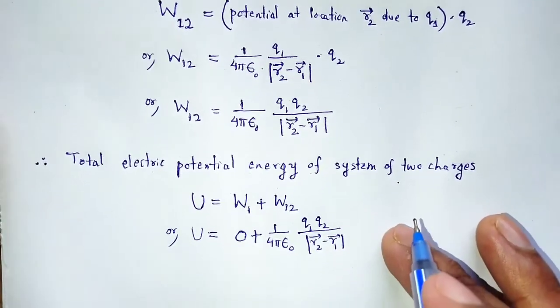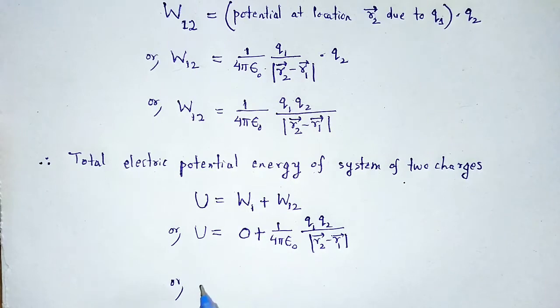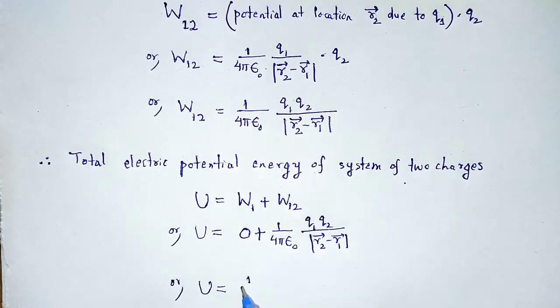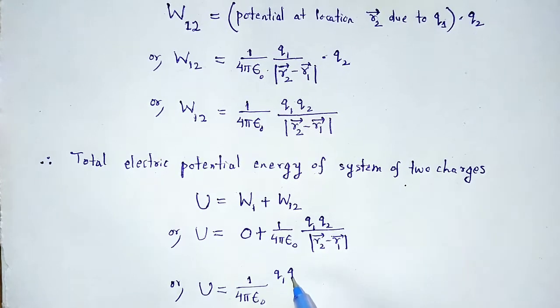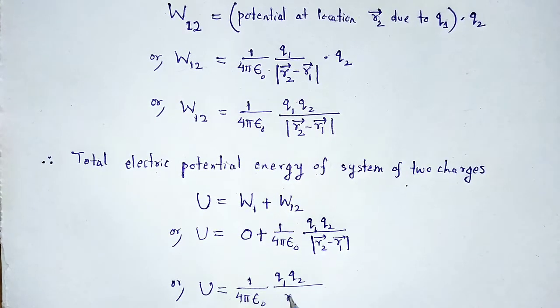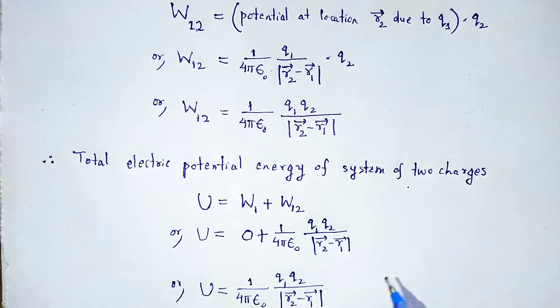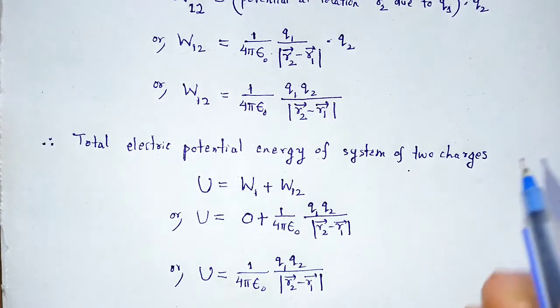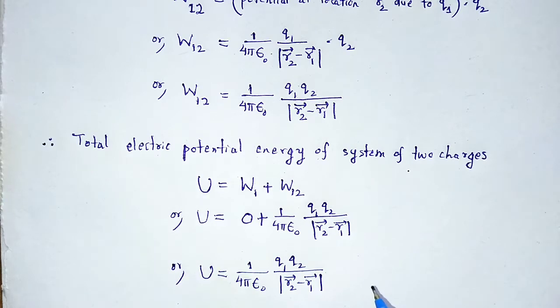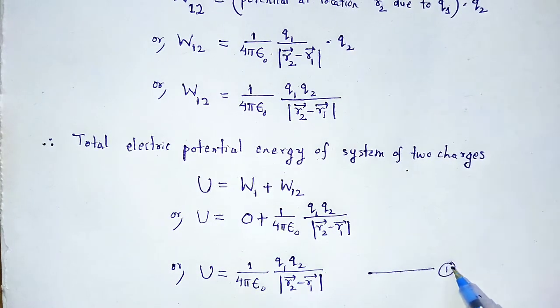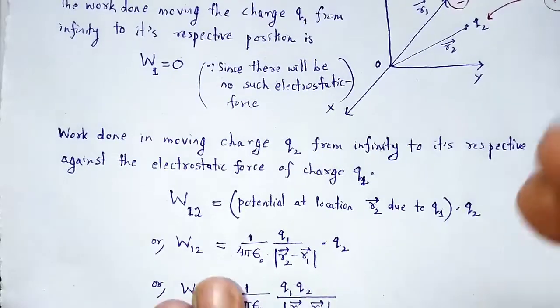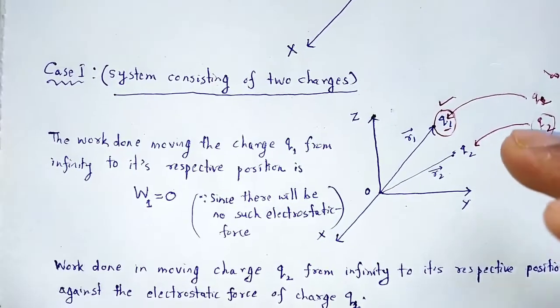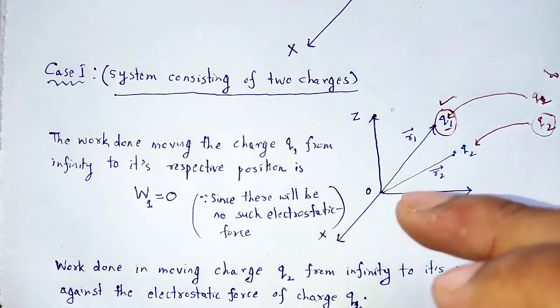So U is equal to 1 by 4 pi epsilon naught, q1 q2 divided by the magnitude of r2 minus r1. Take it as equation number 1.